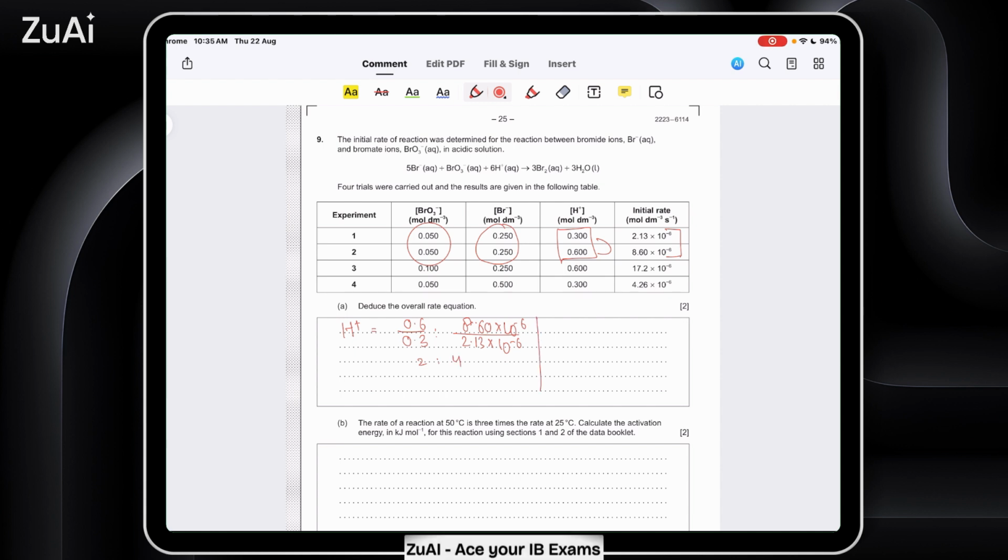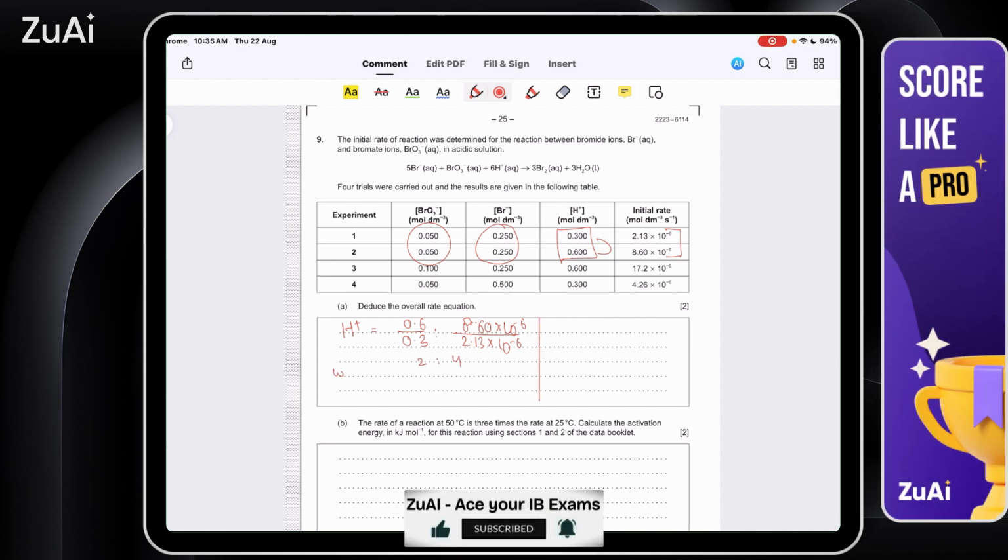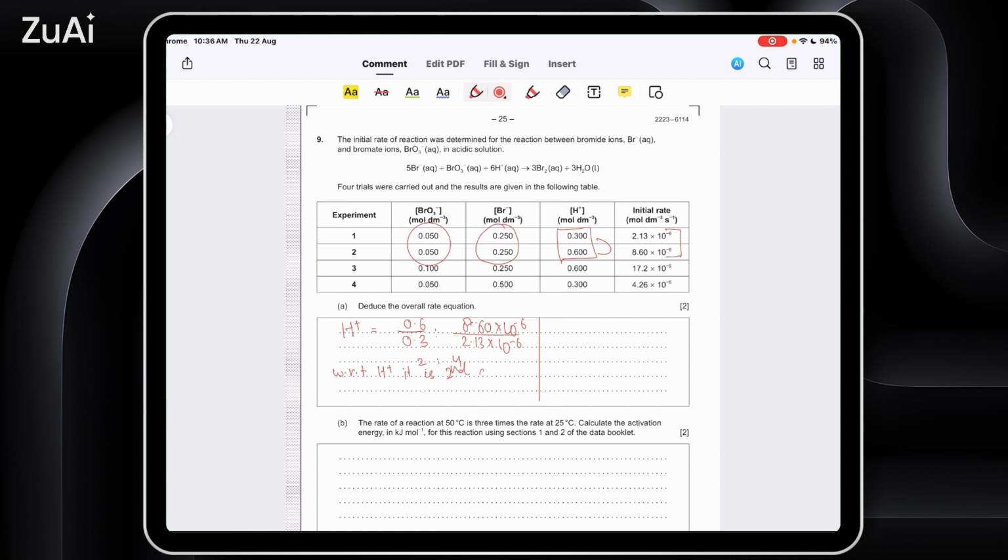That means with respect to hydrogen ion, it is second order. Similarly, you have to see the same sequence when hydrogen is constant, bromide is constant, check bromate. So you will see that's first order. So with respect to bromate, it is first order.